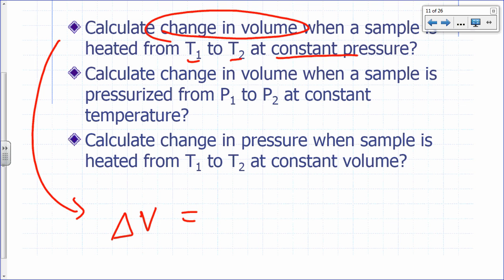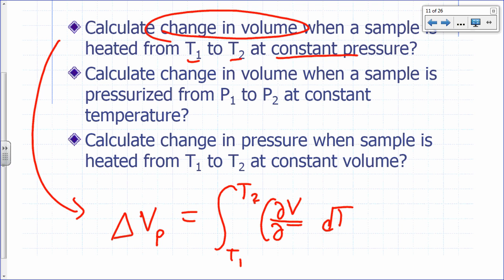When I'm changing my temperature, I have to do my integration from T1 to T2 at constant pressure. So what's my partial derivative going to be? Partial derivative of volume with respect to temperature at constant pressure. And so what is this?